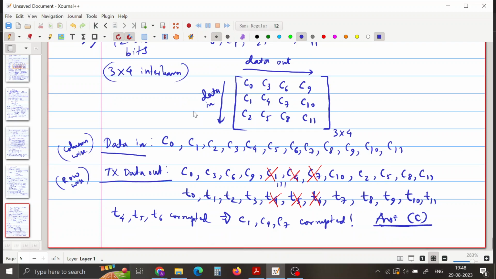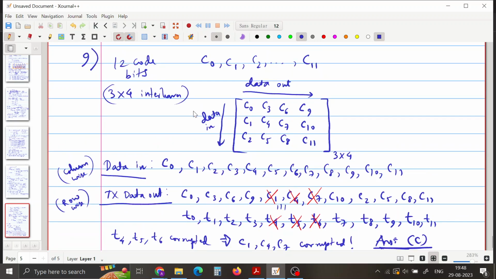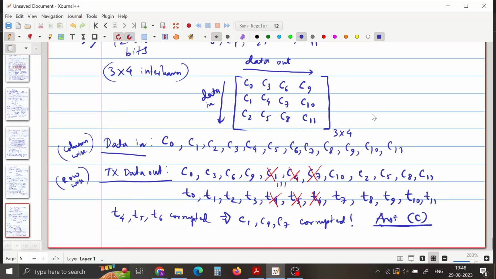This was a simple case. Initially we had the dimension of the matrix for the interleaver 3 by 4. We arranged our bits accordingly in the interleaver, and then we found the transmitted data in that sequence.